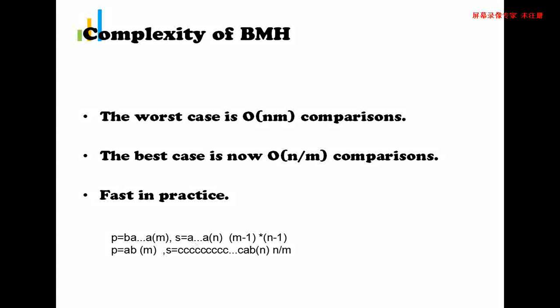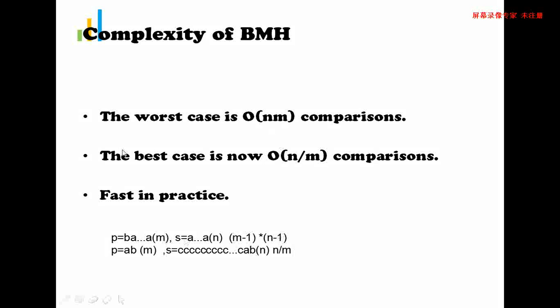So we only can move one step each time. Because of this, we need to move N times, and we need to do M -1 comparisons every time. So it is N times M -1 comparisons, and to simplify it, we will just say it's big O of N times M, okay? So that's how we got the worst case.